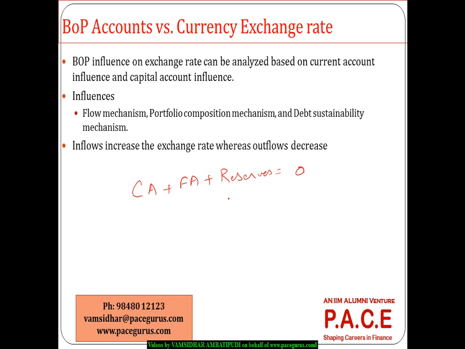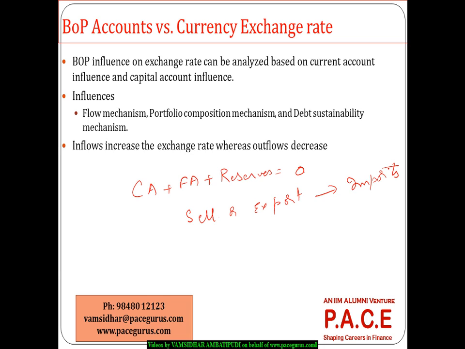So the major thing that can be dealt with in the current account is whether sales, or exports, are much more compared to imports. If exports are more than imports, we are talking about a surplus, otherwise a deficit.